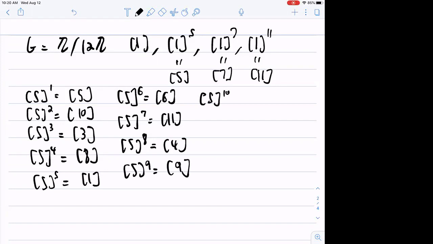I should not have chosen such a huge number. 5 to the 10th is 2 mod 12. 5 to the 11th is 7. And then 5 to the 12th is 0. Yeah. So you see that 5 also has order 12. And then you can check 7 and 11 too as well.